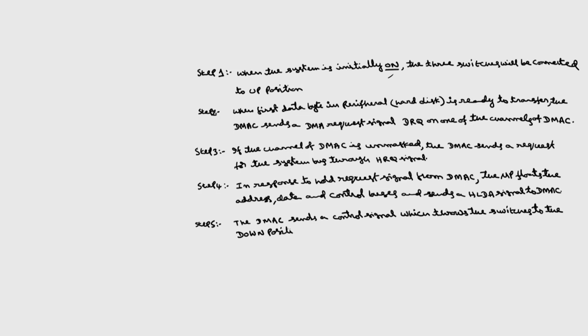So it is clear from the diagram that when the switches come to the down position, there will be a physical connection between the memory to DMA controller. No longer this microprocessor will be available. Now, the connection for the microprocessor will be bypassed.